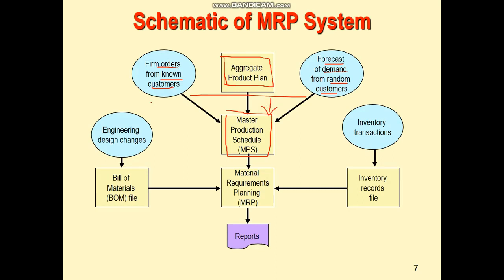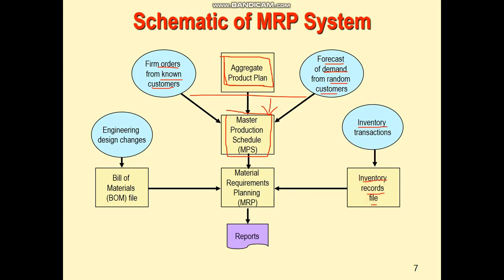Okay, and based on the engineering design change, we can build the BOM, the bill of materials file. Based on the inventory transactions, we can build the inventory records file.